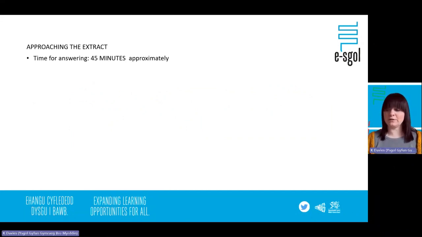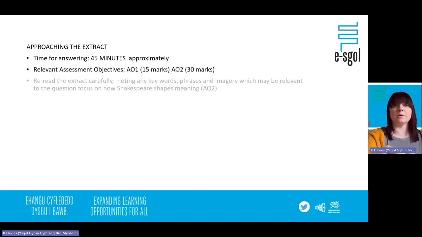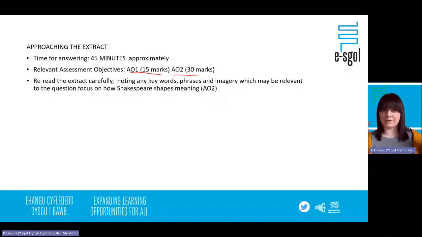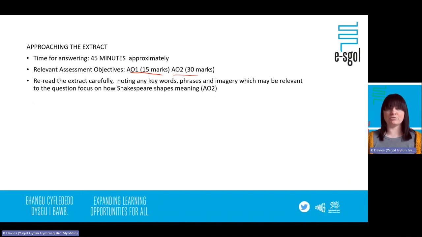So for answering, you've got approximately 45 minutes. The assessment objectives, like we've said, are AO1 and AO2. Look at the difference: 15 marks, 30 marks, so be mindful of that. Reread the extract really carefully, noting down keywords, key phrases, any motifs or imagery that you think may be relevant to the question.